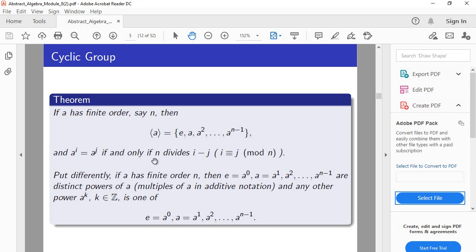So if we prove this, then we know that these are distinct powers of A. And then any other power of A, well, if I take any other power of A, then the exponent would be congruent to one of these exponents here, modulo n. So then any other power of A would be equal to one of these n powers. So pretty much we need to simply prove this statement right here.